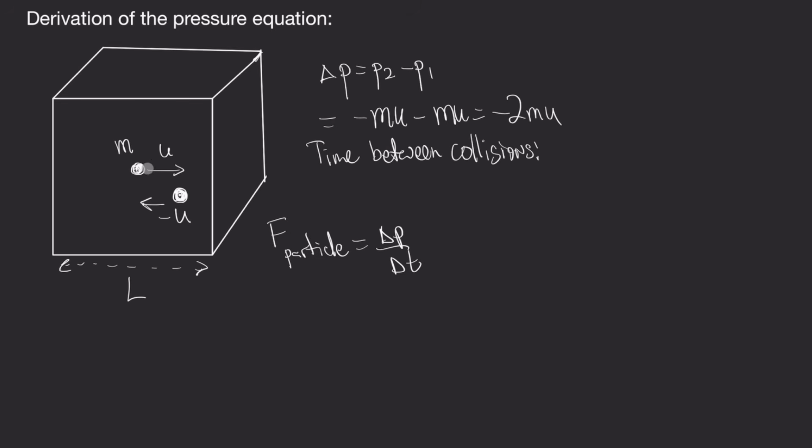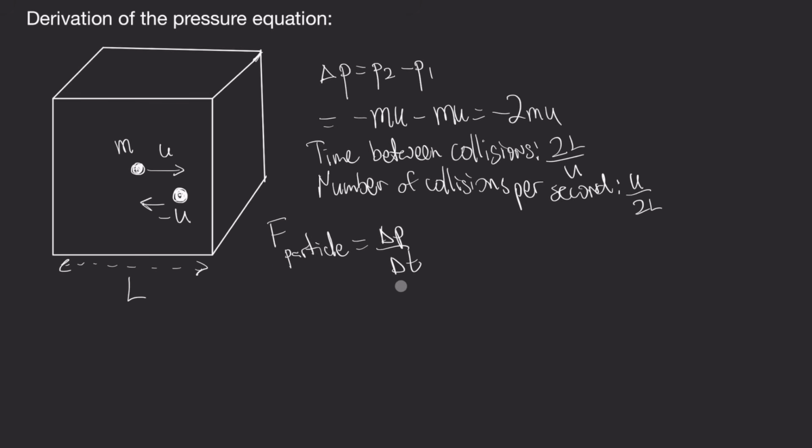If the particle travels a total length 2L at a speed u, well, 2L over u, this here is just distance over speed, so this here is the time between collisions. Which also means that the number of collisions per second will just be the inverse of that, which is u over 2L. So delta t will just be the inverse of this, i.e. delta t will just be 2L over u.